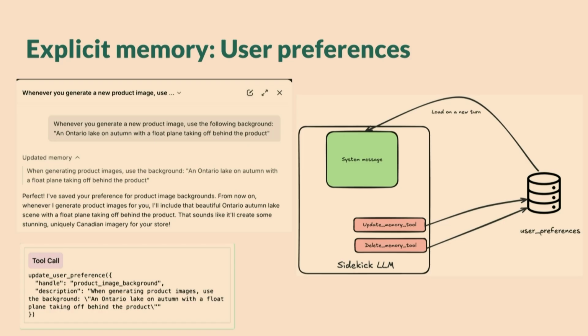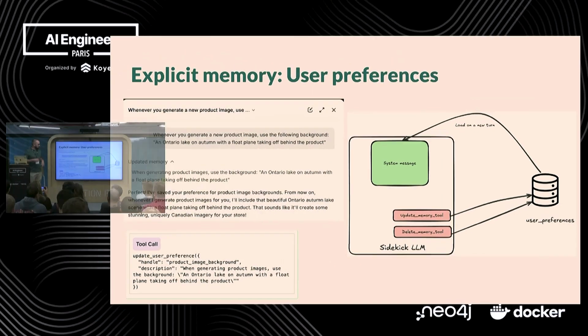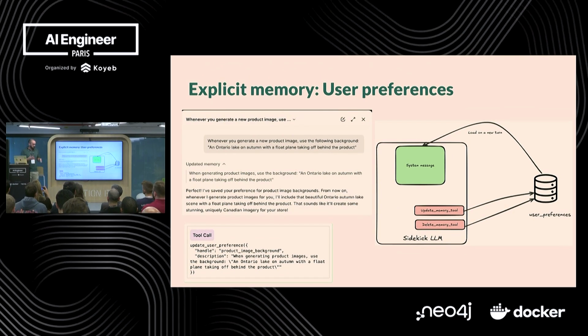In this case, for instance, we say an Ontario lake in autumn with a float plane taking off behind the product is my preferred background for images. We call it explicit because we are actually telling the user, hey, we are saving this about you, and we want you to be aware that this is going to be used in future chats.